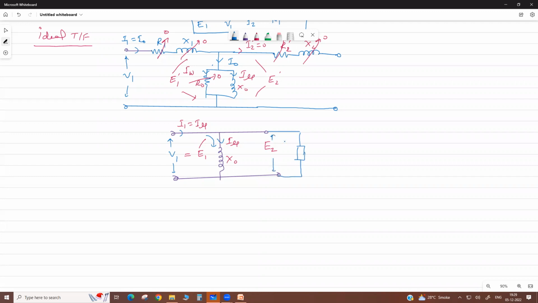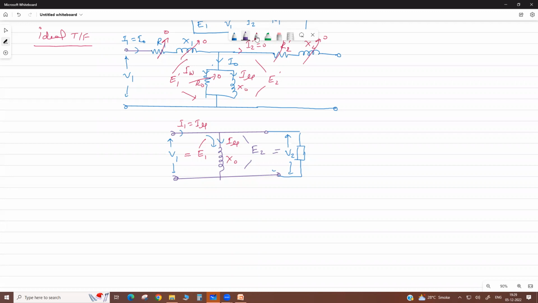The terminal voltage becomes V2. But we have neglected the internal impedance, no resistance, so the induced voltage equals the terminal voltage. Your primary and secondary terminal voltages are equal to the induced voltage. Both are equal, correct?